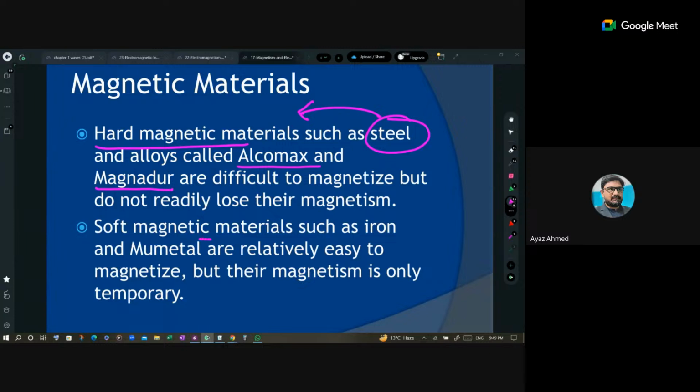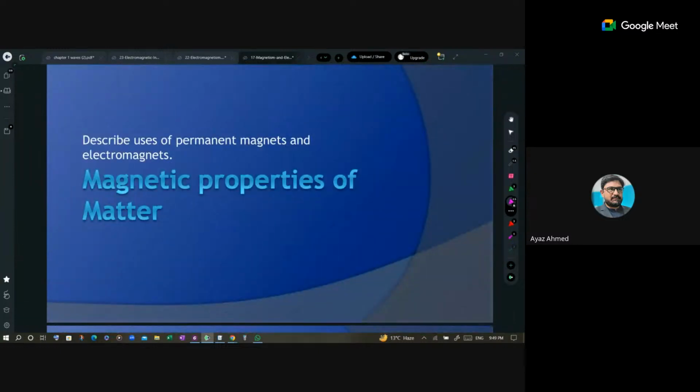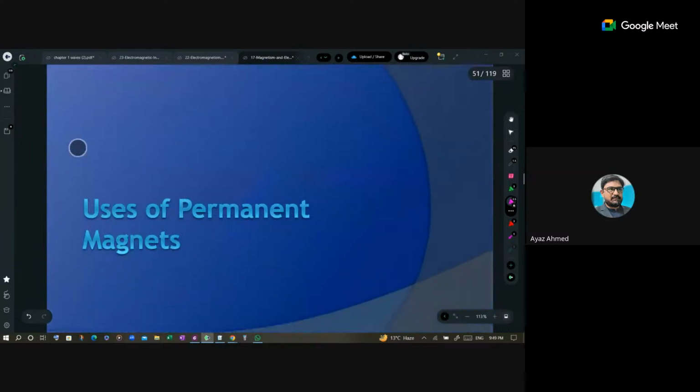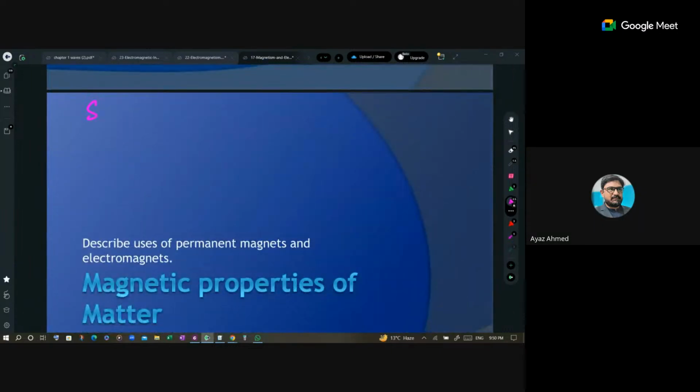Soft magnetic materials such as iron are relatively easy to magnetize, but their magnetism is only temporary. This is very important: if you magnetize steel, steel remains magnetized for a long time.